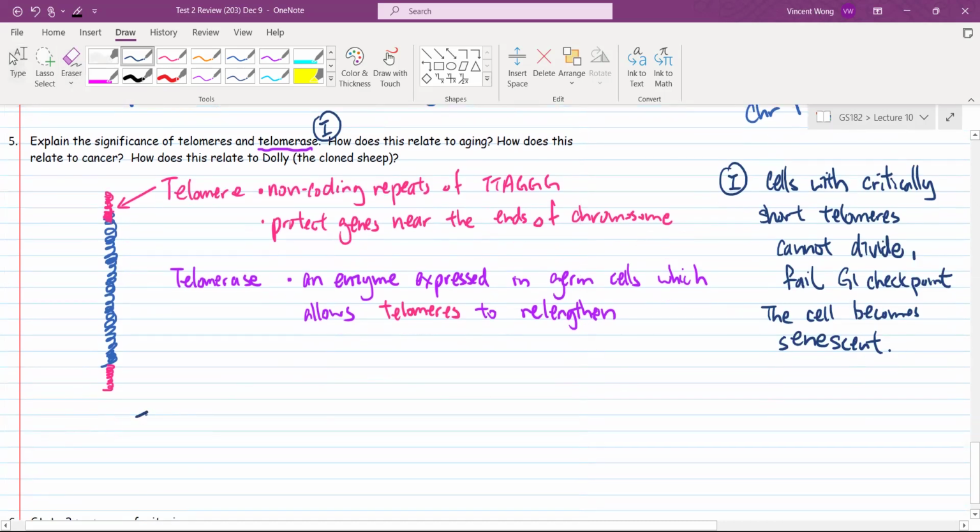Number two, how does this relate to cancer?